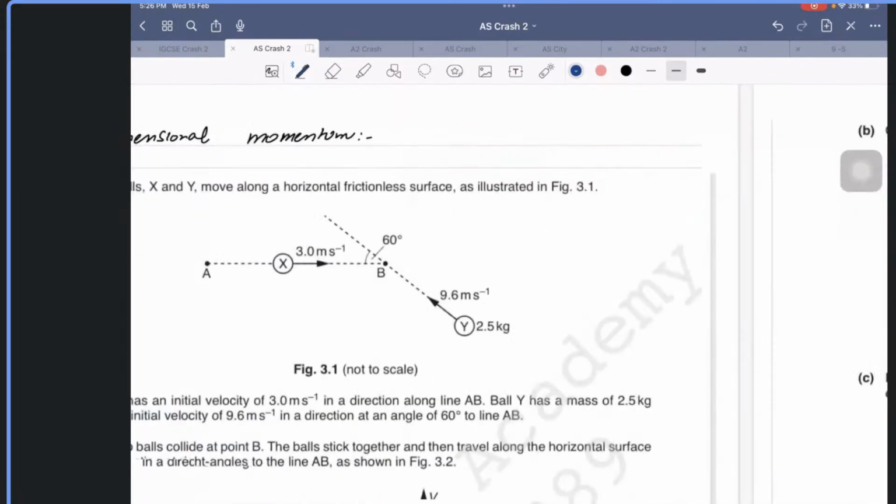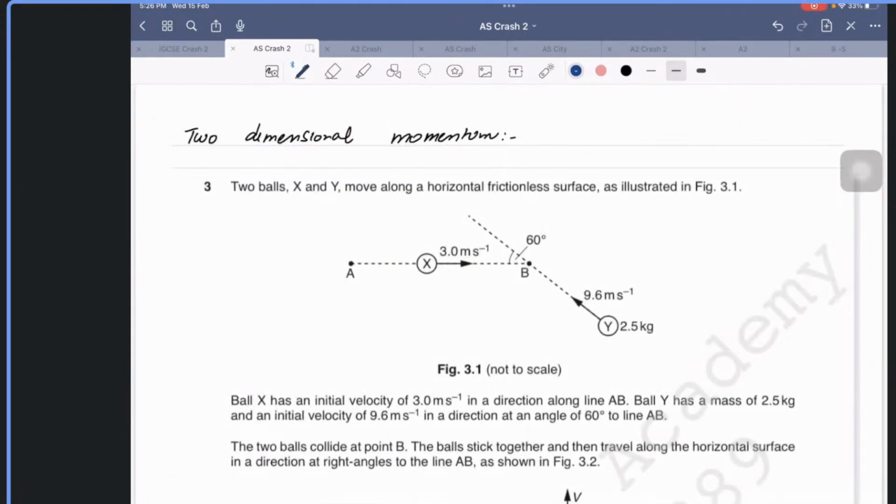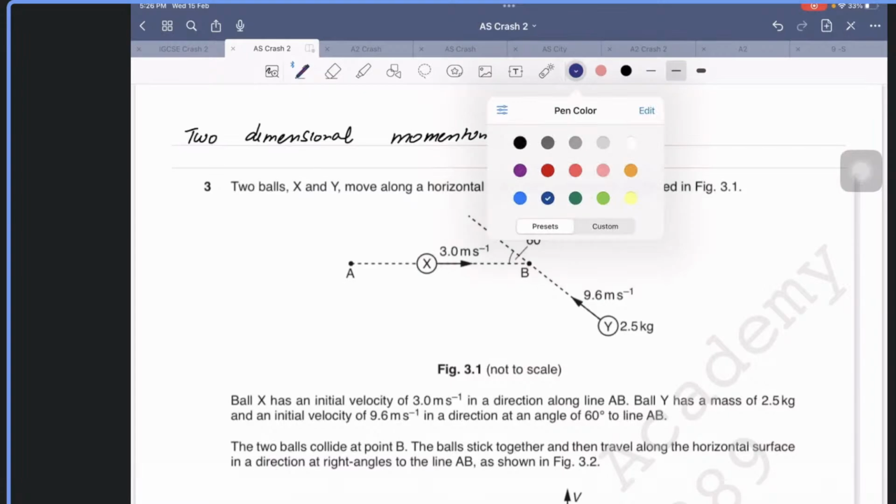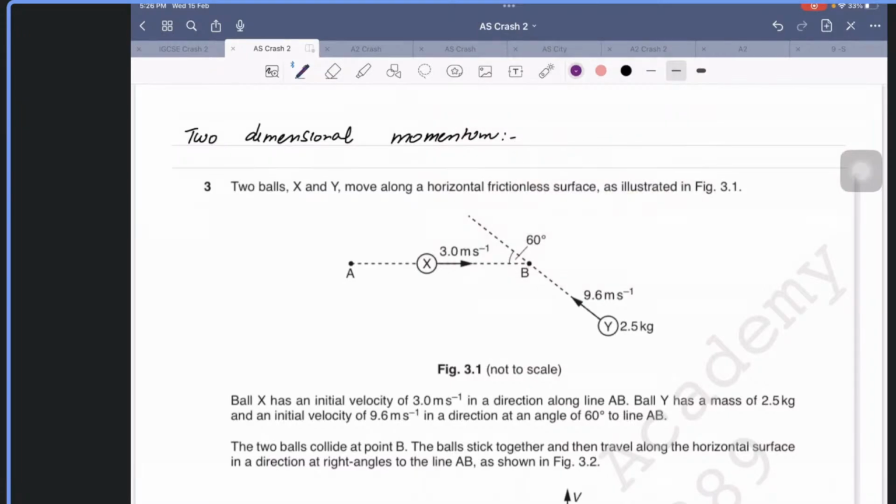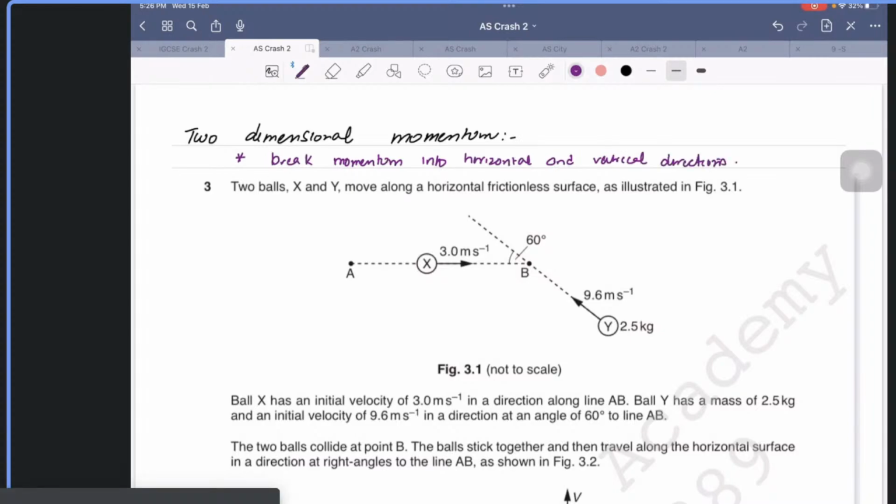Anyway, today I just wanted to go to two-dimensional momentum, which is very, very important. And these days I've noticed that two-dimensional momentum questions are very common. So we have to do this. For two-dimensional momentum, what you need to remember is you need to break momentum into horizontal and vertical directions, just like we do with vectors.